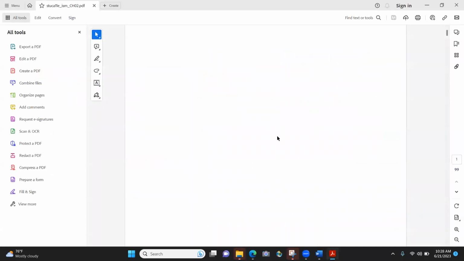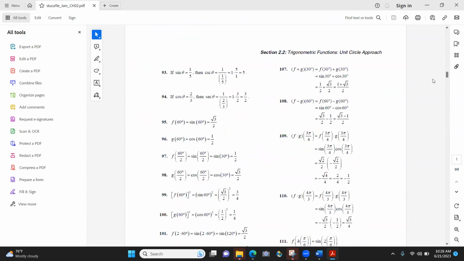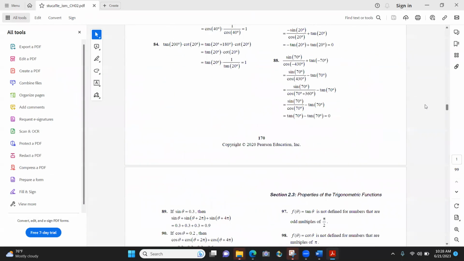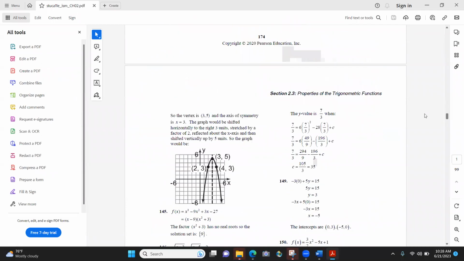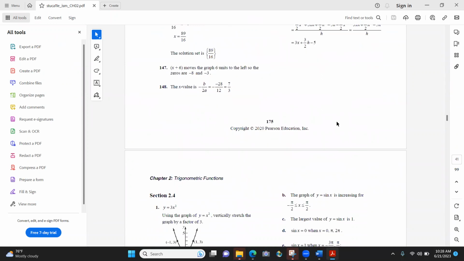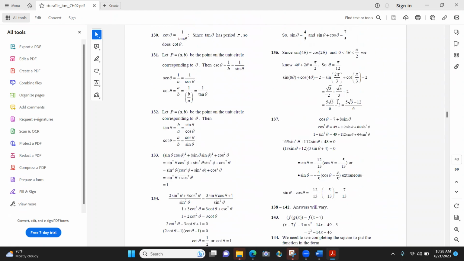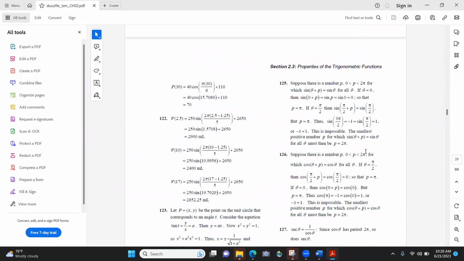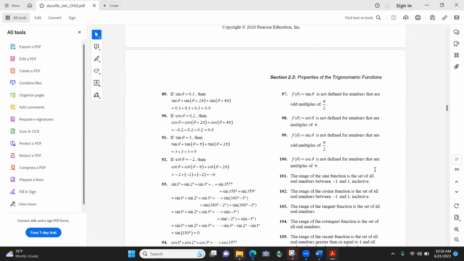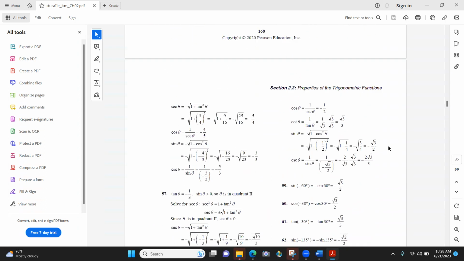This is 2.3, number 43. From this point forward, I'll check my answers. It'll be a little bit of a hassle for you guys, but I think it's worth it.